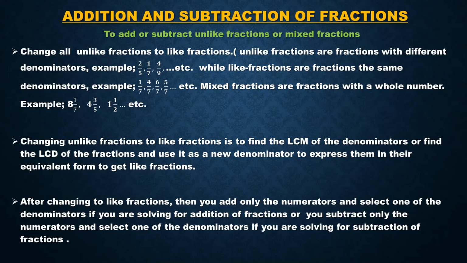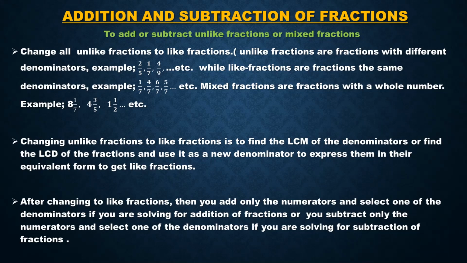So after you have found your LCD or LCM, use the LCD as a new denominator, then you write equivalent fractions or rename the old ones so that the denominator of the new fractions will be equal to the LCD.